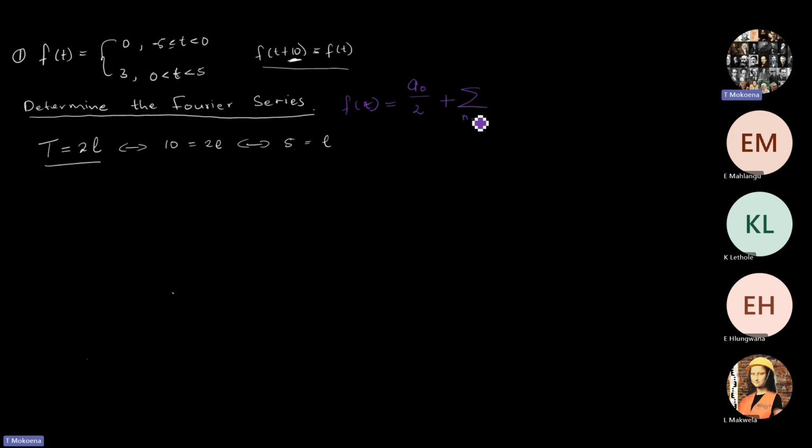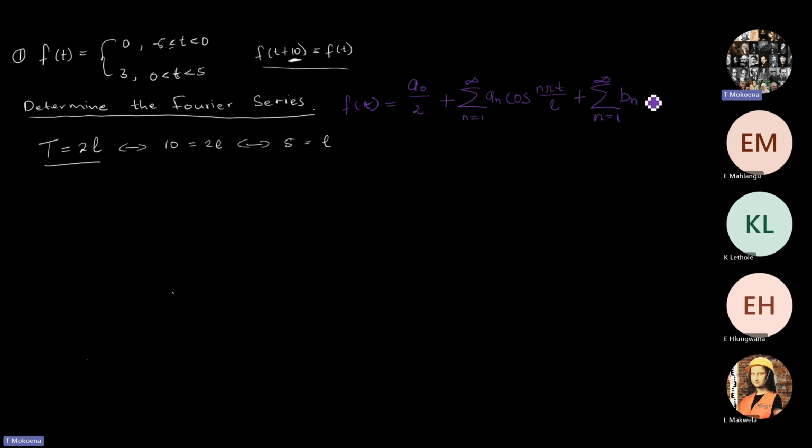We have n running from 1 up to infinity, right? And therefore here we're going to have a sub n, and therefore we have cos n pi t divided by L, plus sigma, n running from 1 to infinity, b sub n.